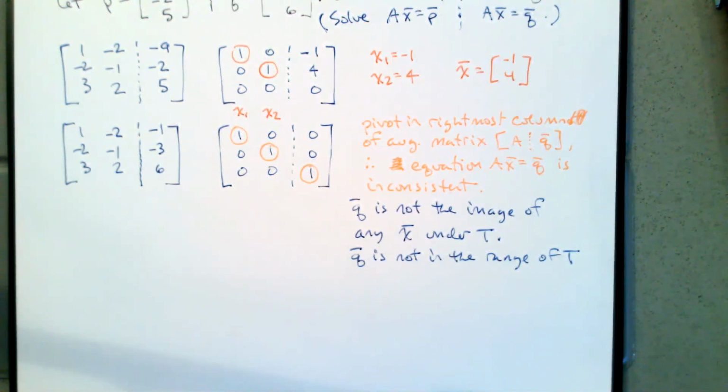The augmented matrix has a pivot in the rightmost column. Therefore, the equation is inconsistent. Therefore, Q is not in the range of the transformation T.